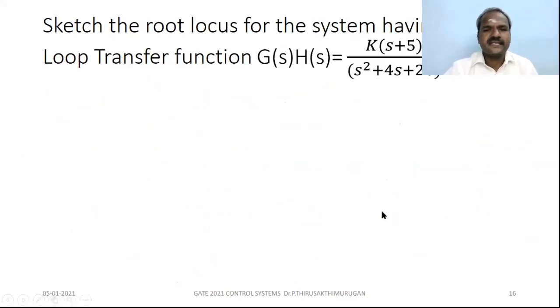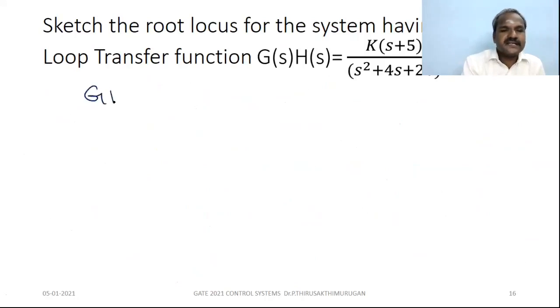See, sketch the root locus of a system having loop transfer function GH of S equal to K into (S plus 5) divided by (S square plus 4S plus 20), and also determine the range of K for stability, right? So the GH is given. What is GH?